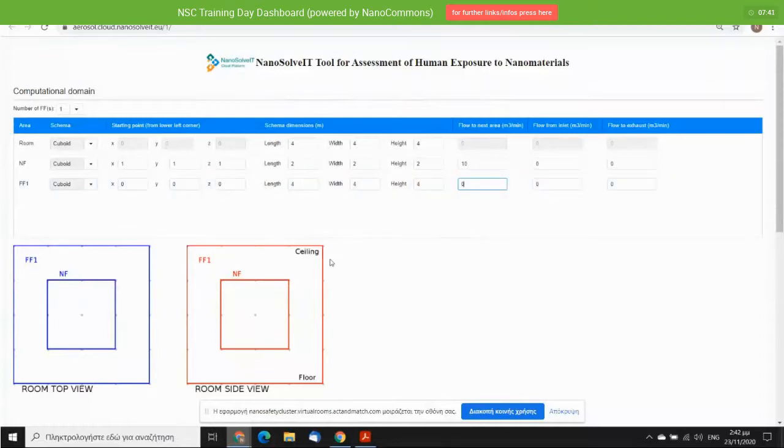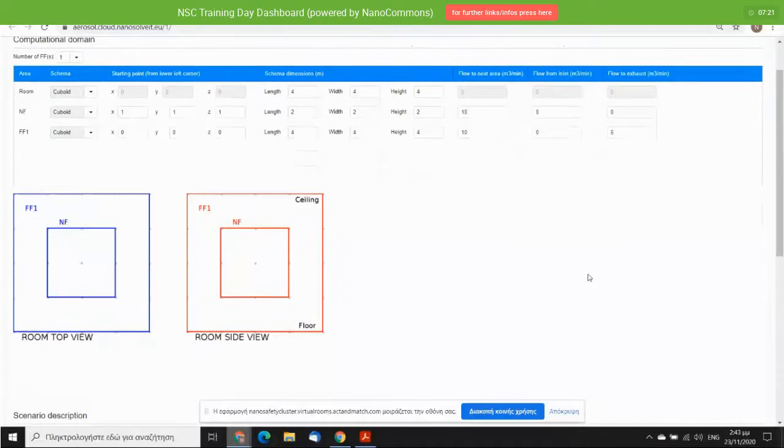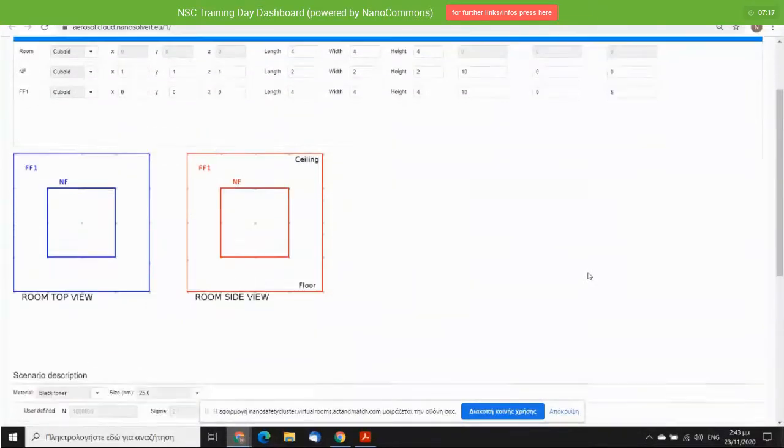So I'll leave it so that every wall of the room includes deposition, and I put here again 10 for the flow to next area, which is actually the NF. This is the other way around, and for the flow to exhaust, I will put 5. And this concludes the computational domain.